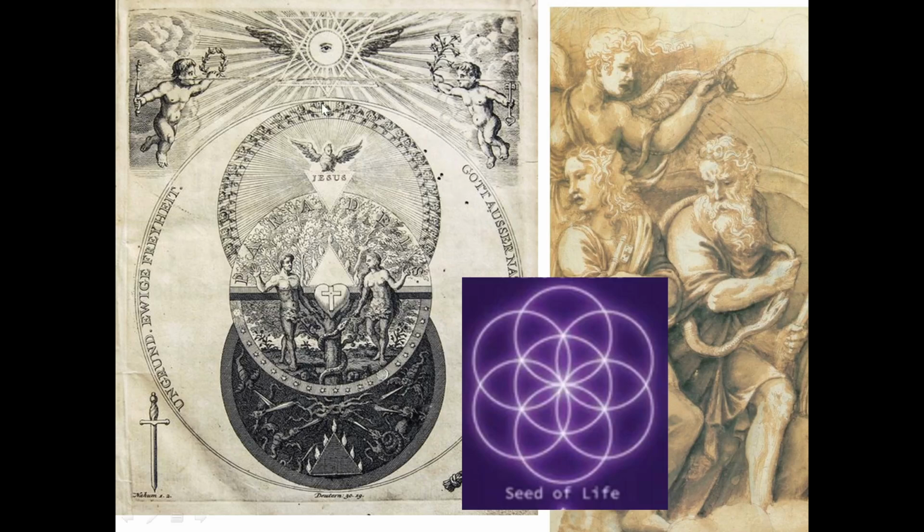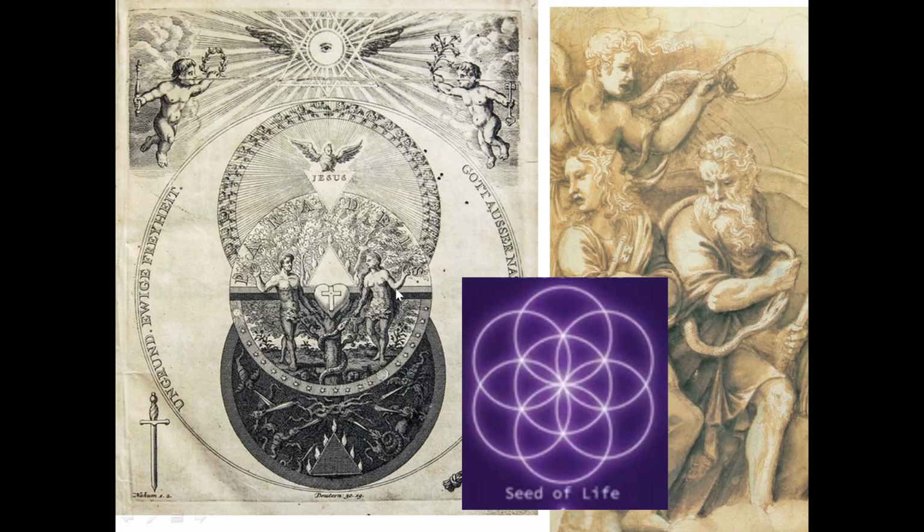But also what we get is a circle within a circle within a circle. We have a name there called Jesus, with a triangle pointing down, and we have a triangle pointing up. We have the serpent in open form. Although it's going around the tree, it's open.